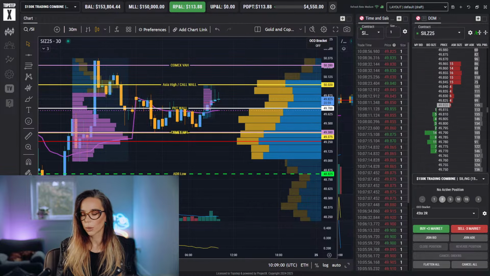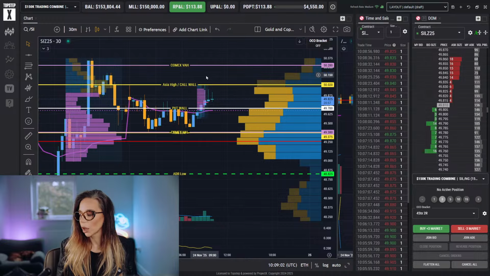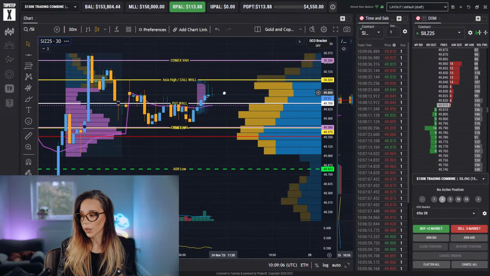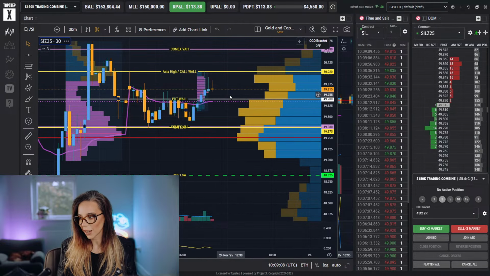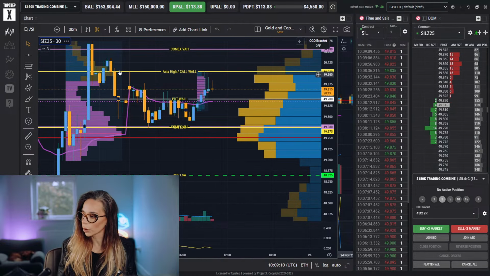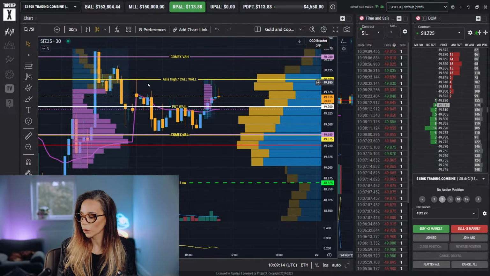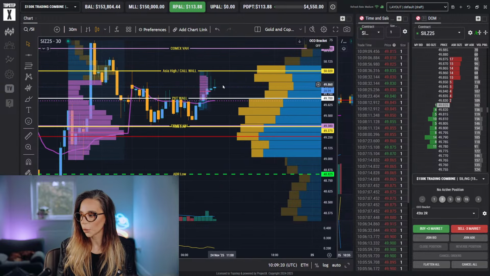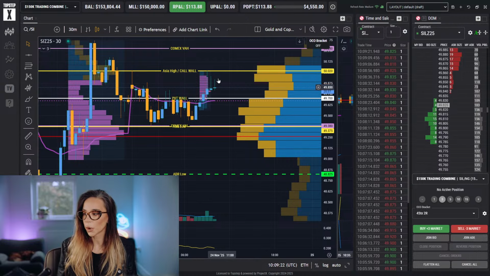So, yeah, interesting. I would probably take the TPO value for sentiment here and say that we are inside of the final time of the day that we had on Friday. And then we need to wait and see what happens here. But until then, range bound strategies, right?